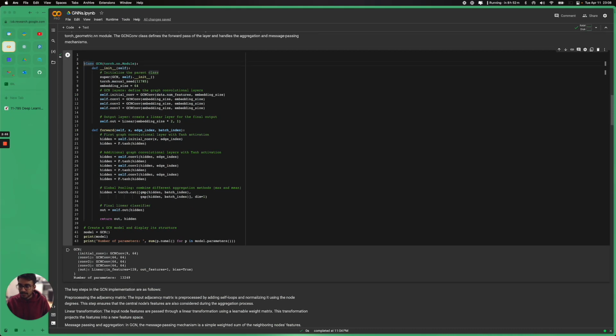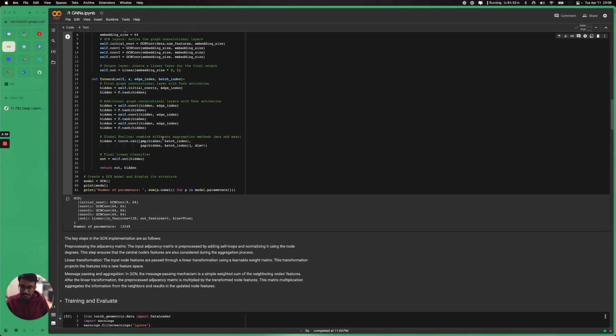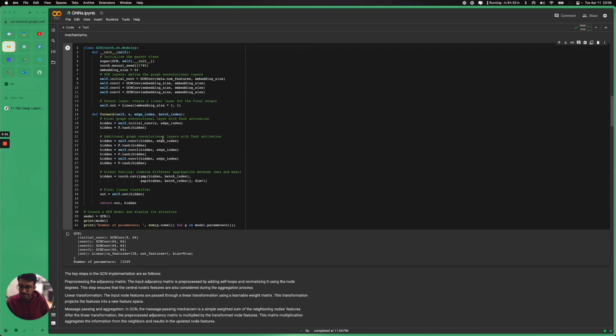So as you can see here, we have a graph convolutional network. The idea behind graph convolutions is the concept of message passing in graphs. How do you aggregate information from neighboring nodes? A simple concept is the weighted sum, as we saw. You just get a weighted sum of the neighboring nodes' features.